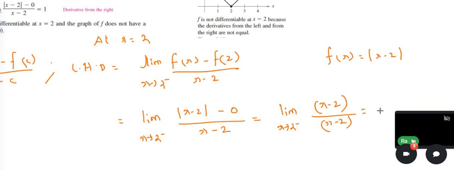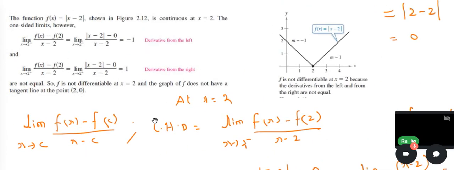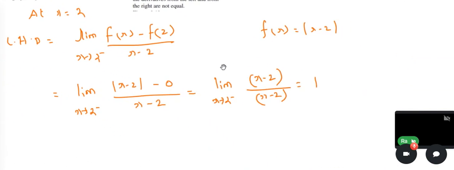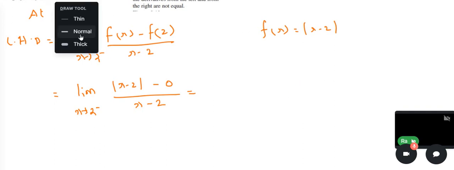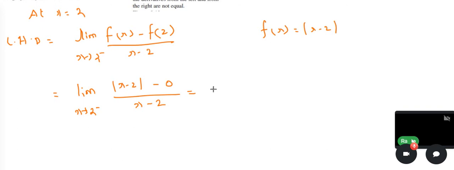So this is going to give us 1. Oh, it's going to give us negative 1. Let's see from this one: x approaches 2 minus, so a value less than 2.